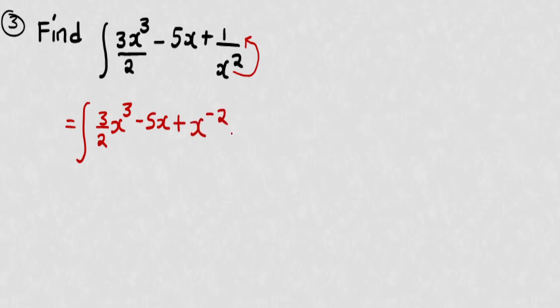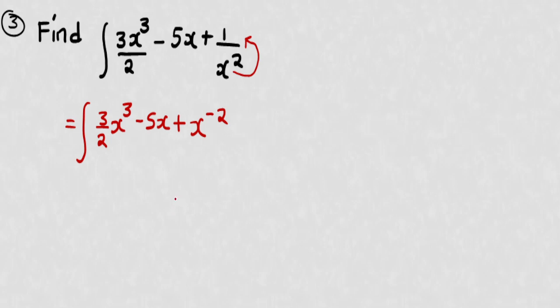I've not yet started integrating, but this is how I'm going to write this one, so that it can work out properly. They should both be in the same straight line, the x variables. Once that has been done, then we can start integrating.